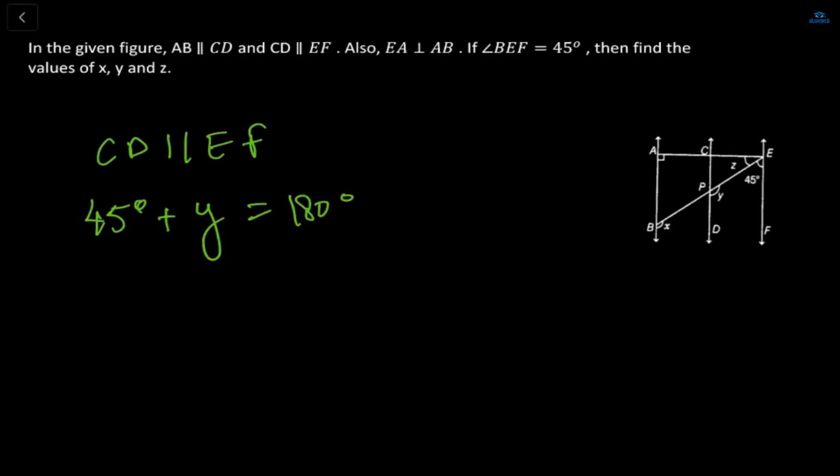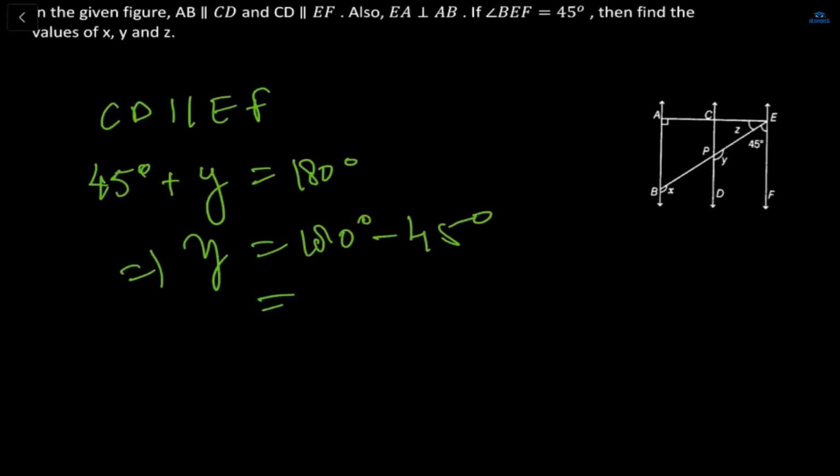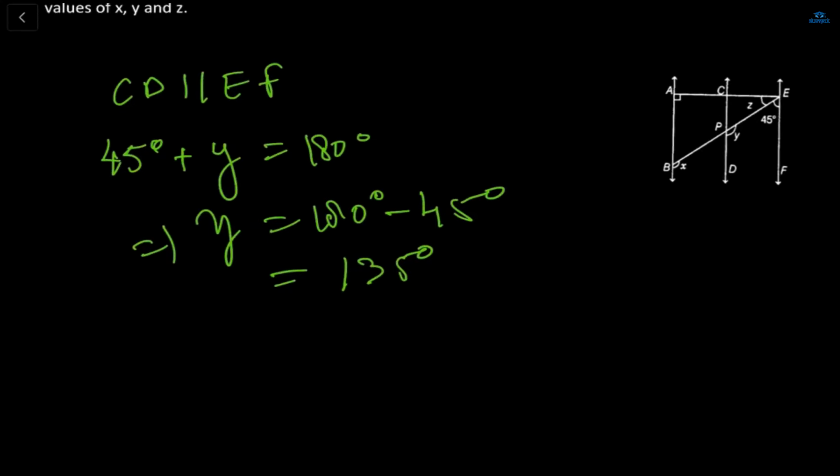Why will it be 180 degrees? The sum of the angles on the same side of the transversal will be equal to 180 degrees. So 45 plus Y is equal to 180 degrees, so Y is equal to 180 degrees minus 45 degrees, which is 135 degrees. Now we have got the value of Y.